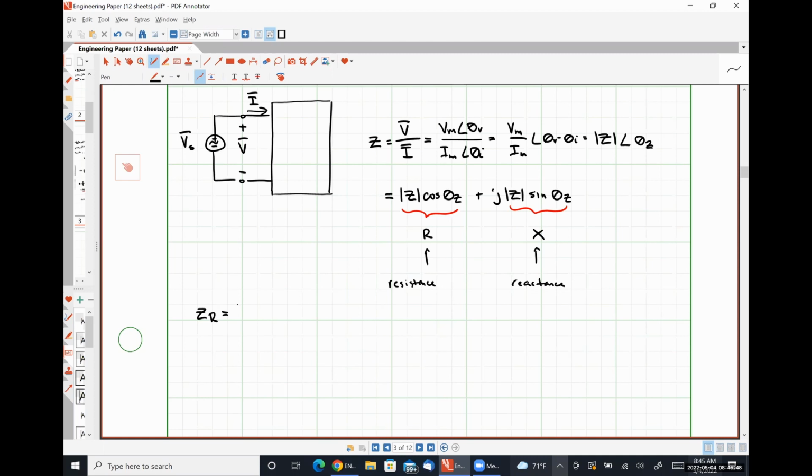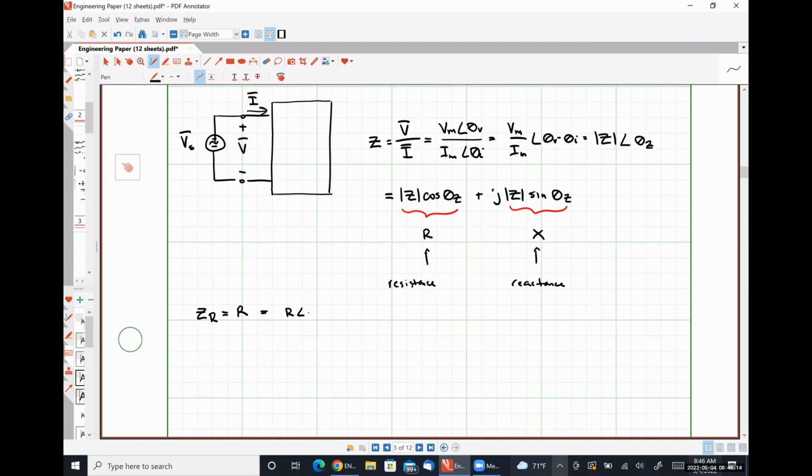Pardon? Just resistance, R, absolutely right. So the impedance of a resistor is just the resistor value itself. We can express this more formally as a rectangular form complex number. Actually, let me do it as a polar form complex number first.